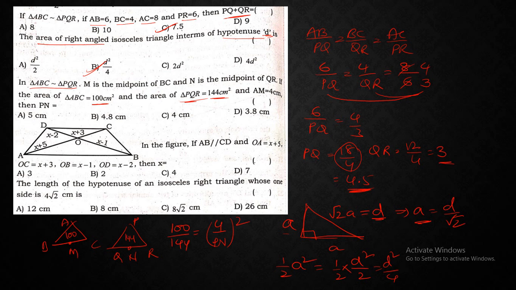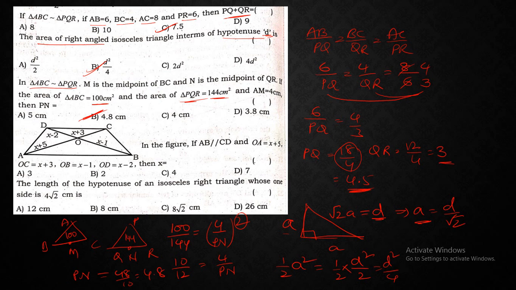When I take the square root, this becomes 10 by 12 is equal to 4 by PN. Now when I do cross multiplication, PN is equal to 48 divided by 10. So 48 by 10 is nothing but 4.8.